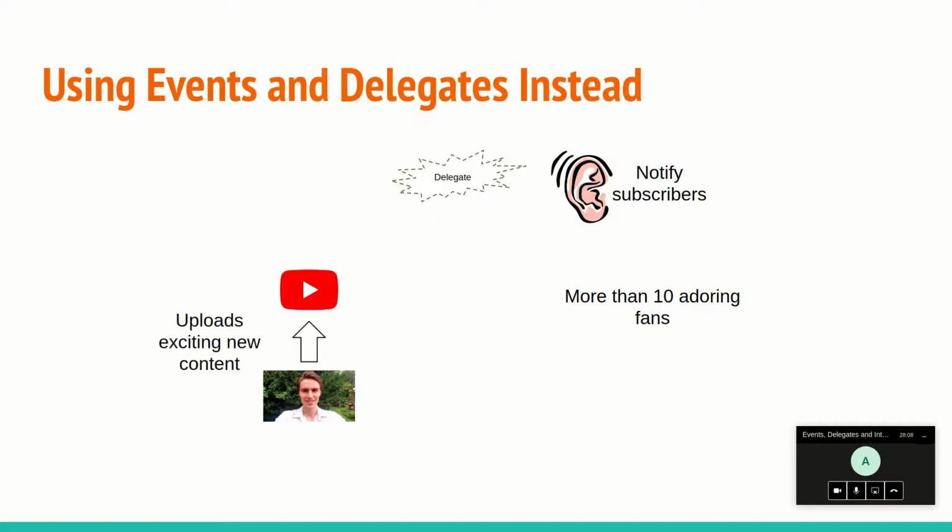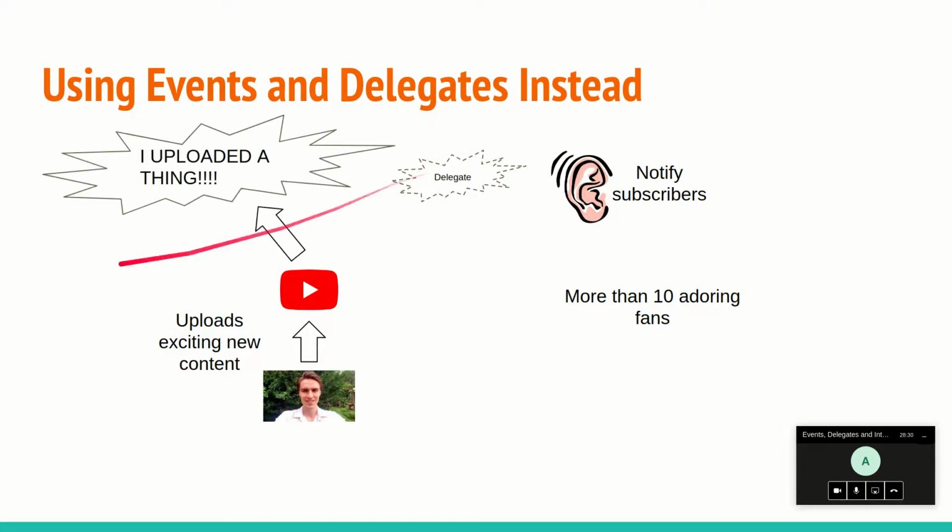Then we can basically proceed as we had before. So we'll have our content creator upload some new exciting content. And as soon as this upload has occurred, instead of going ahead and notifying subscribers directly, we'll just shout. But we'll shout in the particular way that the delegate defines. Okay, like that: I uploaded a thing.